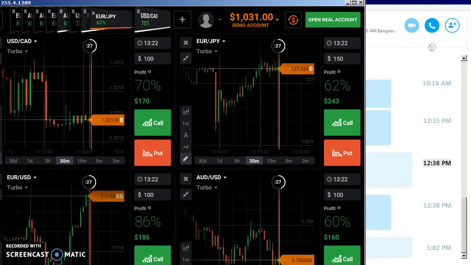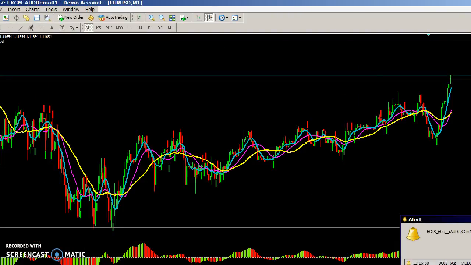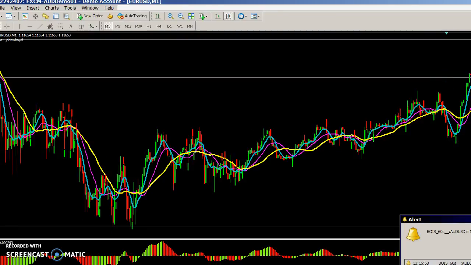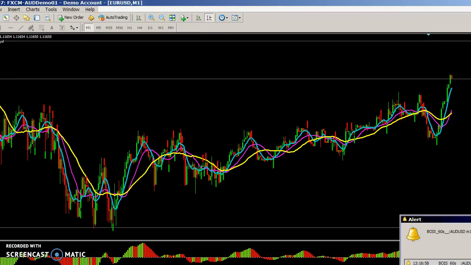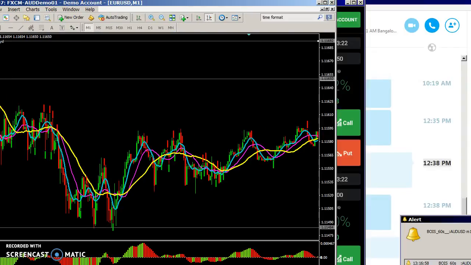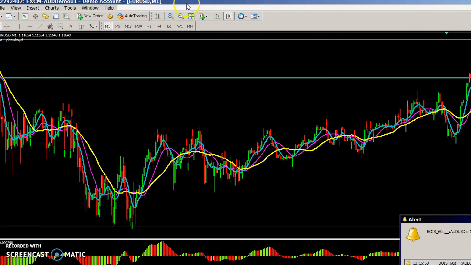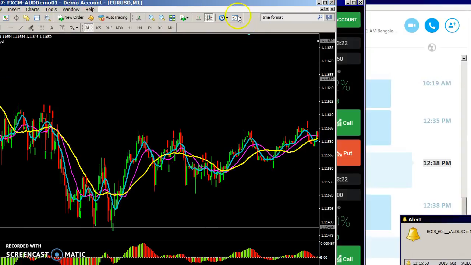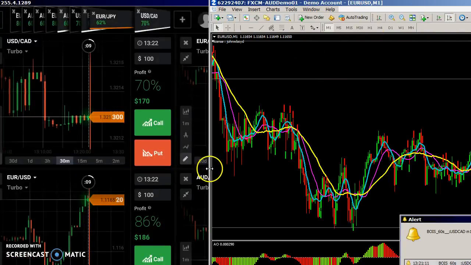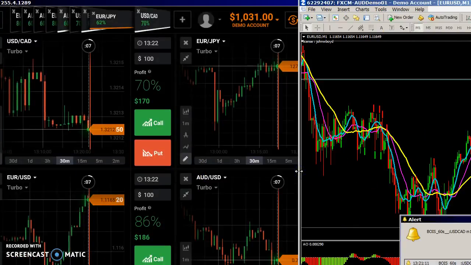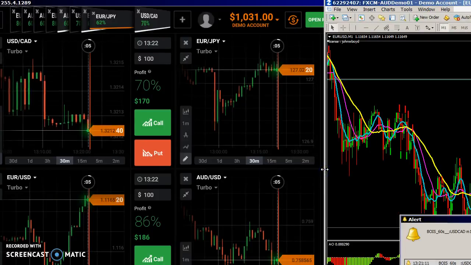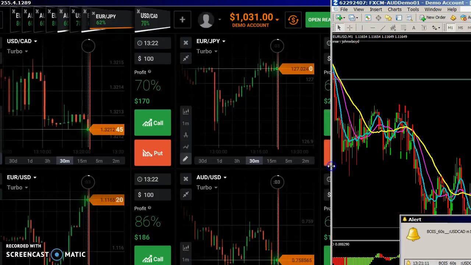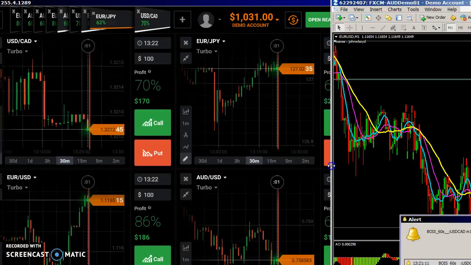Then I'm going to get my FXCM MT4 set up here, in the same manner. Only this one has the arrow on the right, so it makes it a little easier to resize the window. So I'm going to get this like so.